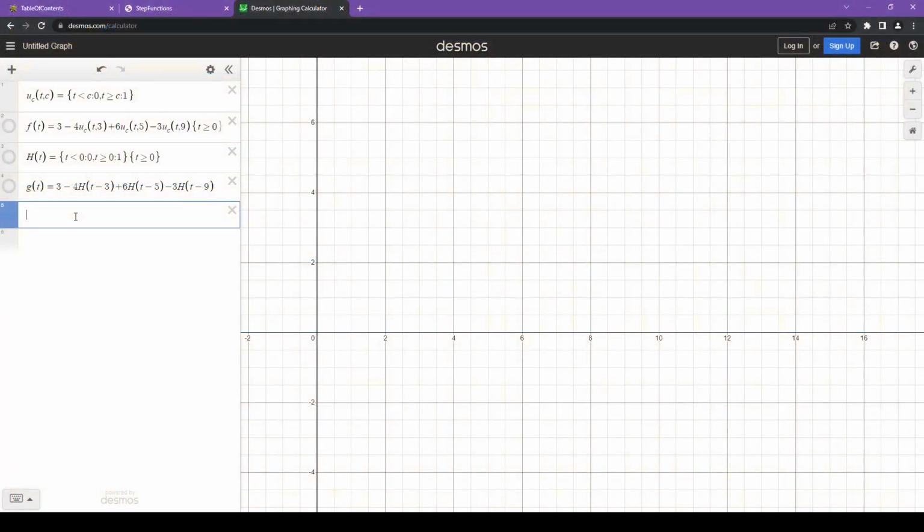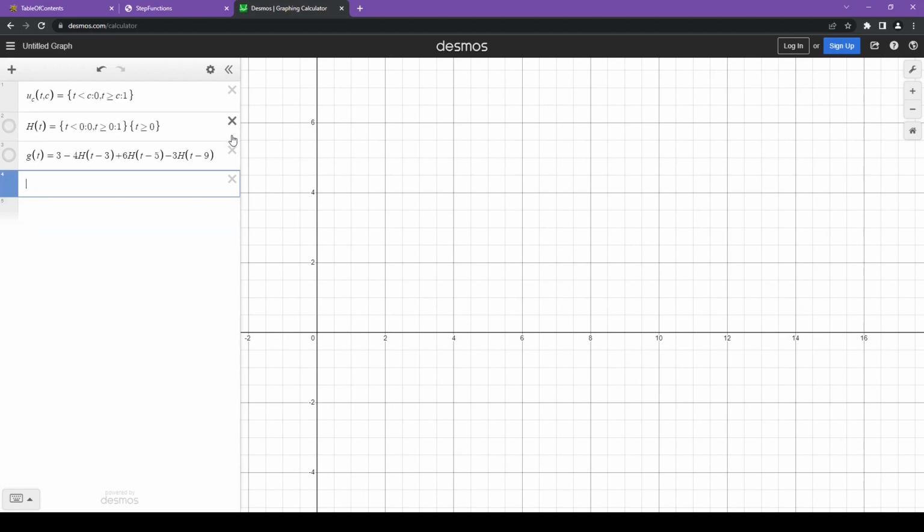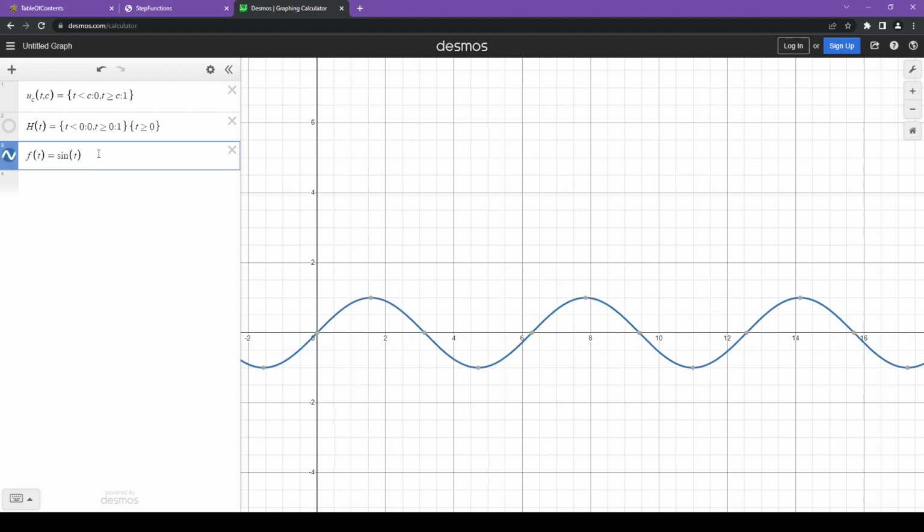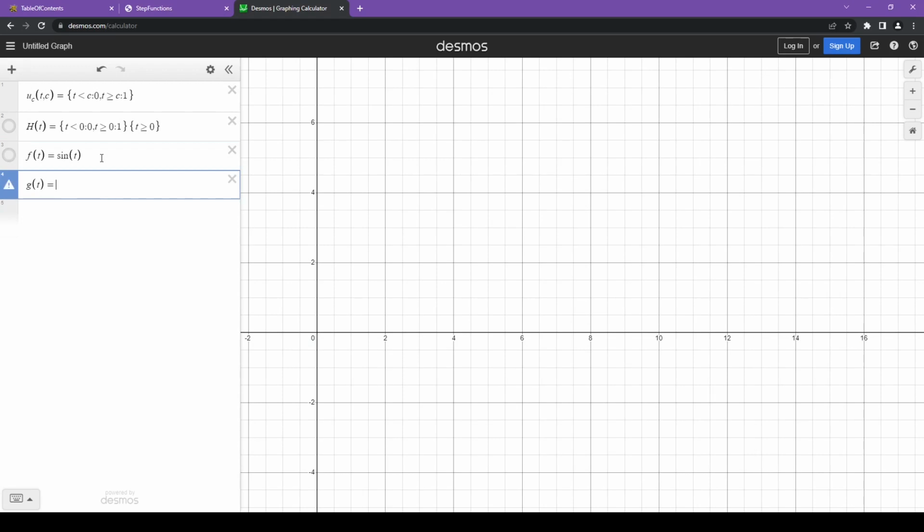What you can do is define an f of t that's equal to something like sine of t, and I can define a g of t that's equal to u sub c of t, and then I'm going to pick a shift.